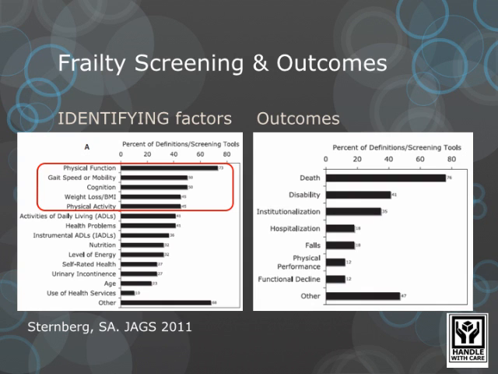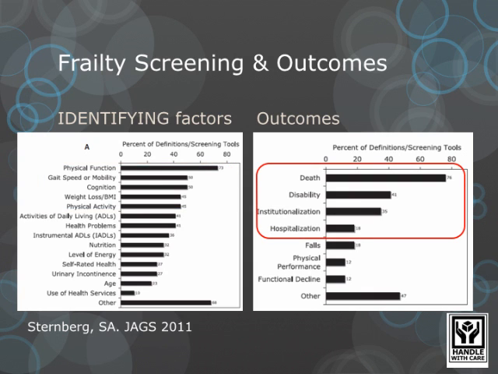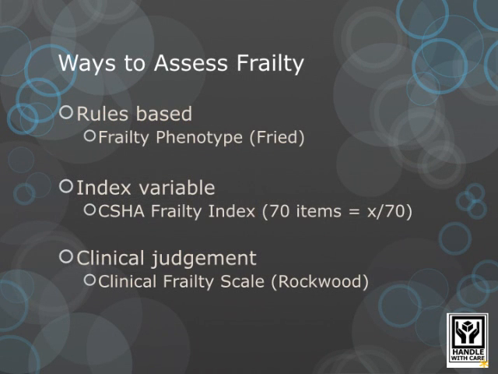Then if you look at outcomes, the things they looked at were death, disability, institutionalization, and hospitalization. There are other things as well, falls, physical performance, functional decline, and other, but those are the top ones they looked at. So there are a few ways to look at frailty. One is rules-based, and an example of that is the frailty phenotype by Fried, and I'll show you that one.